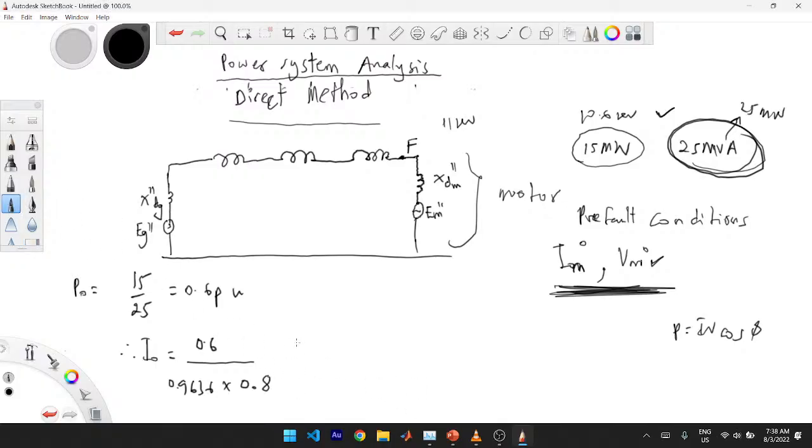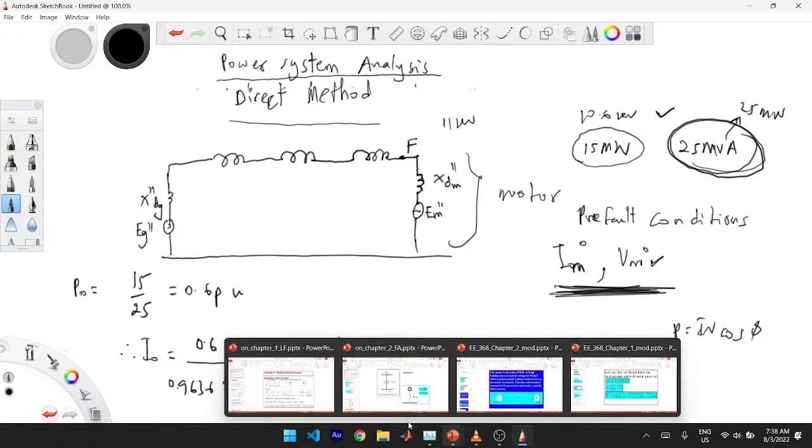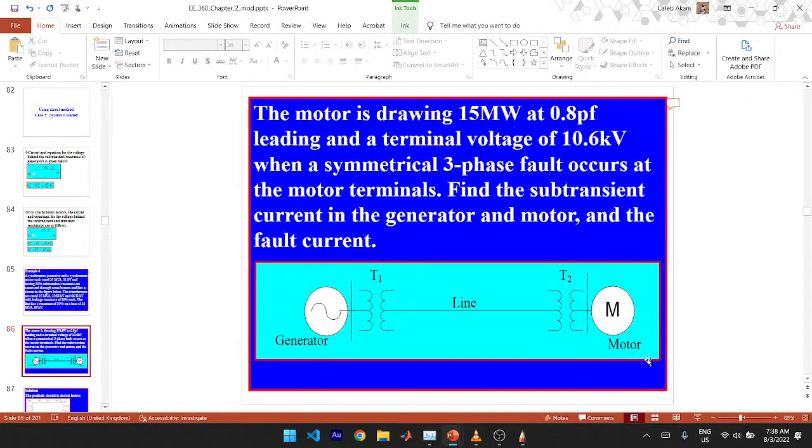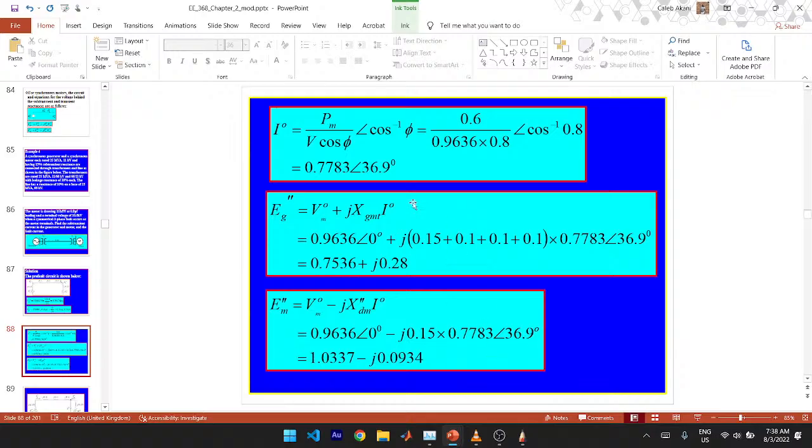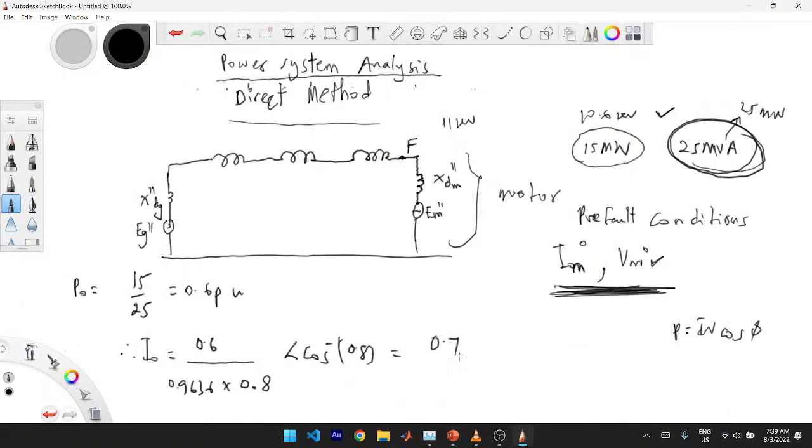This whole thing is occurring at a leading power factor, so the angle is cos inverse of 0.8. If you do this correctly, you get 0.7783 angle 36.9.